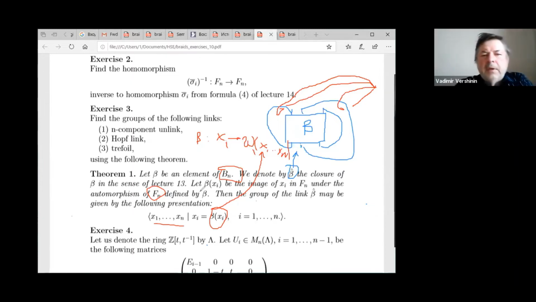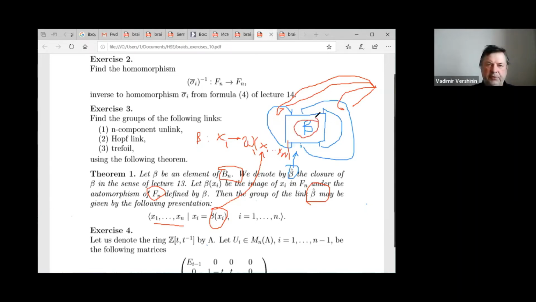And the theorem is that the group of this link, in general it may be a link, is exactly this group. This is the wonderful theorem. It is an interesting theorem; it involves several things.